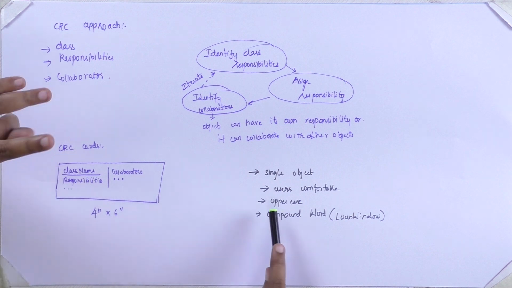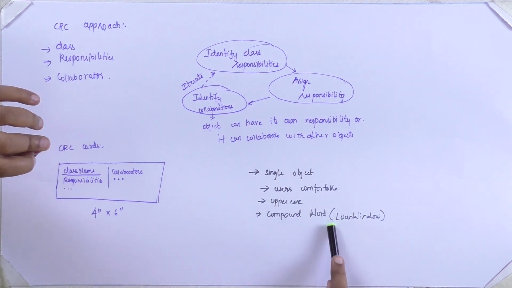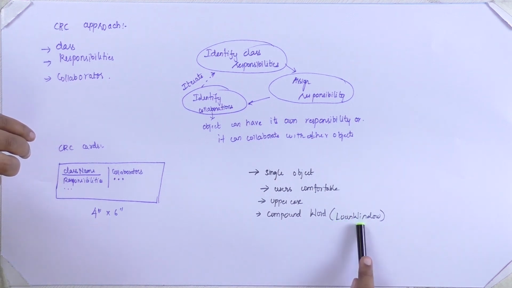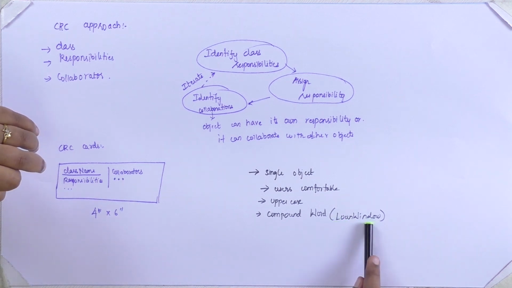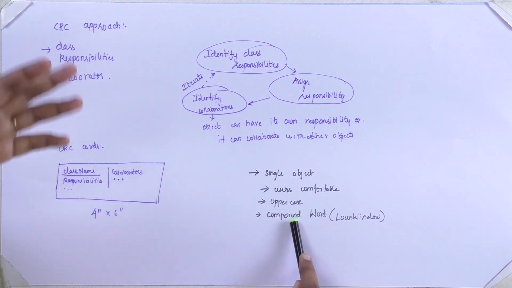Then the class name should start with an uppercase letter. For example, if you have a compound word in your class name, for example lawn window, the first letter of each word should be capitalized. This is called sentence case. So you have to follow these 4 rules when you are naming a class.